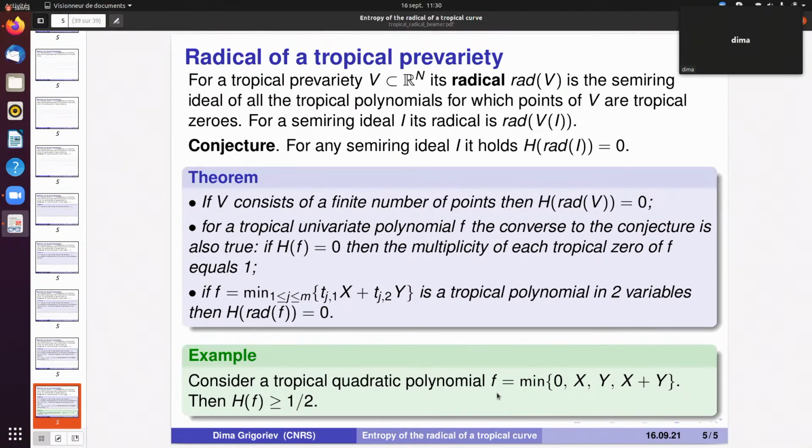And from this polynomial you cannot extract the root, but still it doesn't coincide with its radical, and its entropy is, I don't know, by the way, the answer. I believe that here there is equality, so that the entropy equals 0, but I don't know. I know only the lower bound for it.